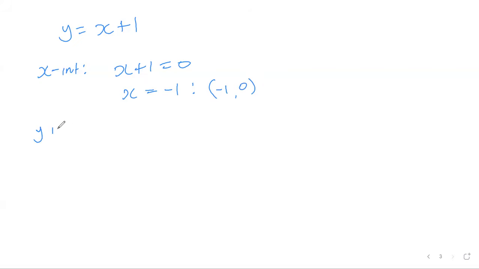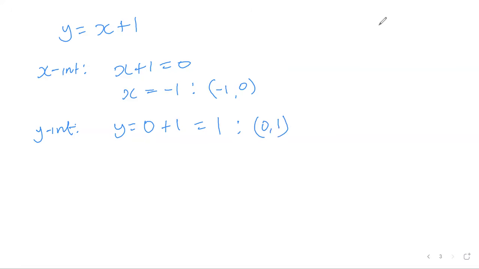And the y-intercept is obtained by setting x to 0, so it becomes 0 plus 1, which is 1. So the y-intercept is the point 0 on the x, 1 on the y.